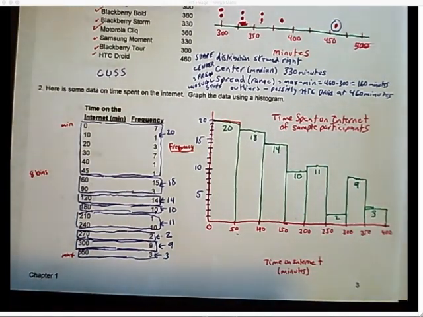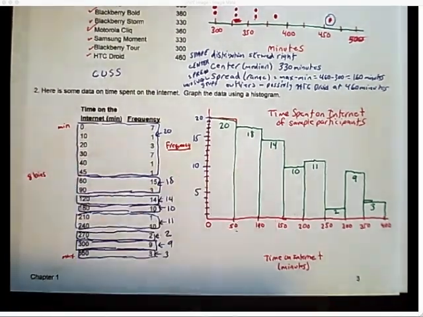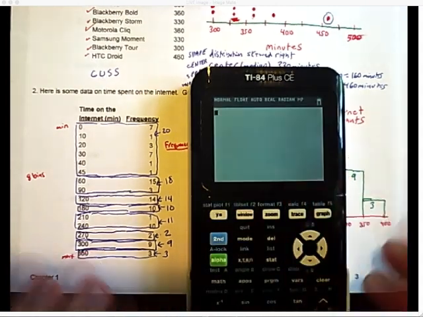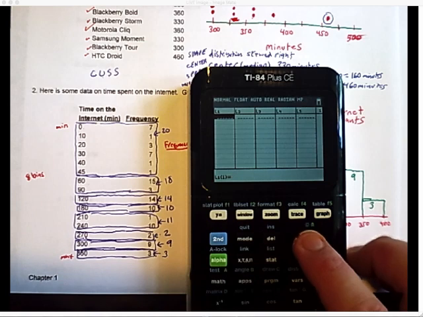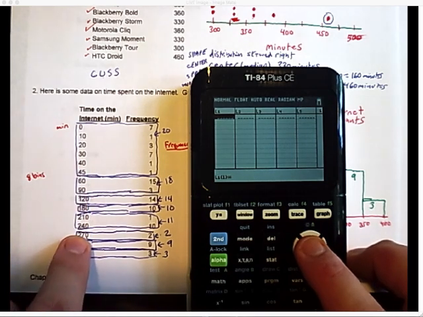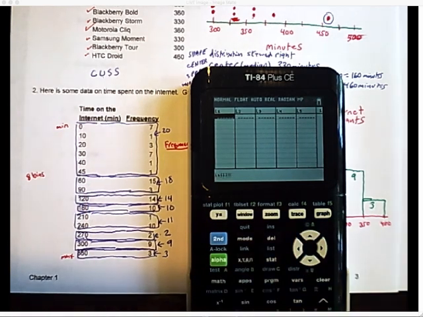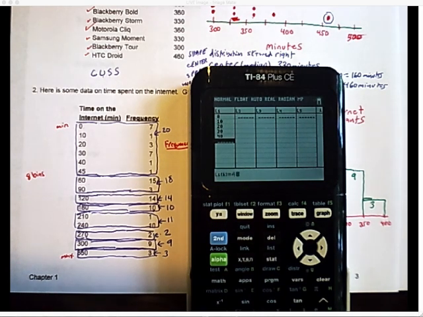Now, the question is, can I do this on the calculator? Can I make a histogram on the calculator? And the answer is yes. So I'm going to hit the Stat button, go to Edit, and enter the time on the internet in list 1. So 0, 10, 20, 30, 40, 45, 60, 90, 120, 180, 210, 240, 270, 300, 360.